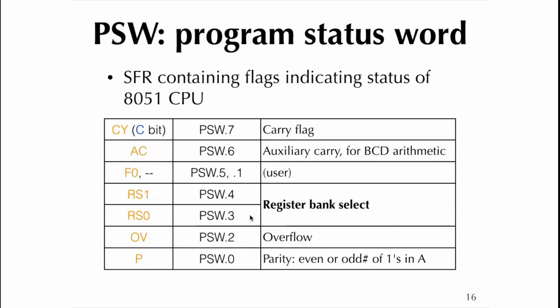So by setting those bits, you actually remap the registers. Okay? And in assembly, you would have a separate bit address for these bits. So you could access either as PSW as a whole thing, and that would be 1 byte at a time.